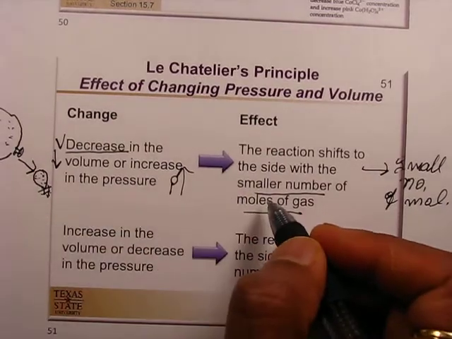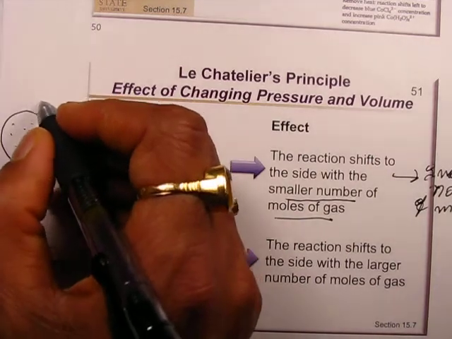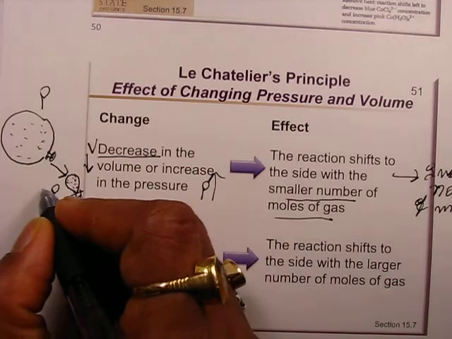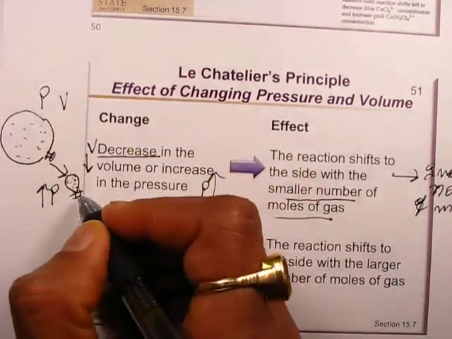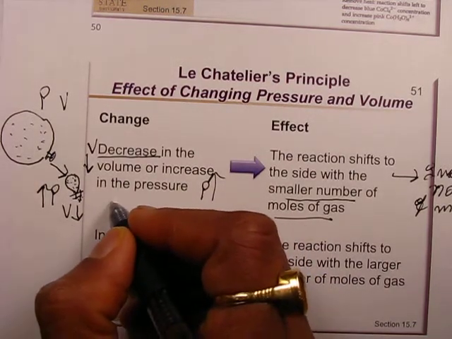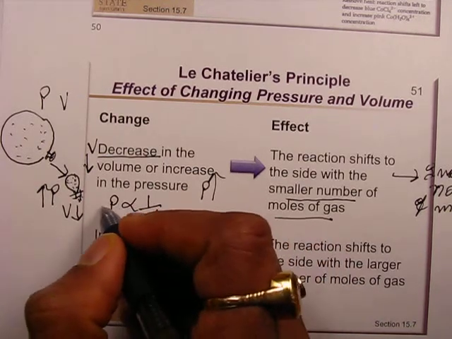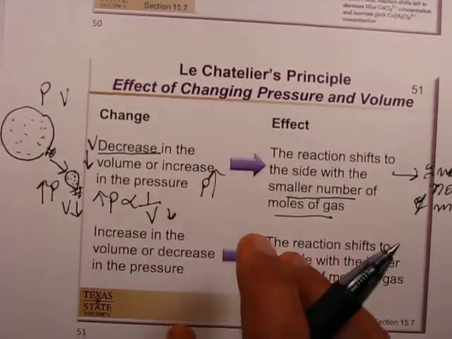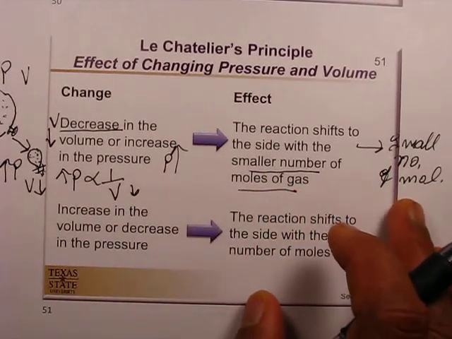So equilibrium will shift toward the small number of moles, and also here you can see pressure is less, here pressure is more, pressure basically increases, and volume is V, and here volume basically decreases, because pressure and volume are inversely proportional. So if we increase the pressure, volume will decrease, and equilibrium will shift toward the side where the less number of moles are there.